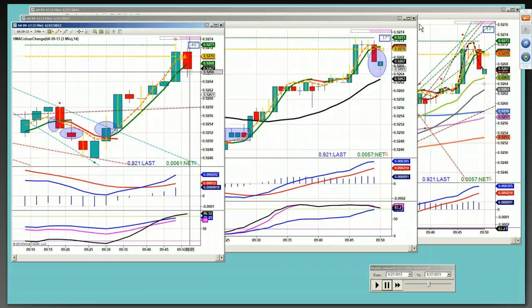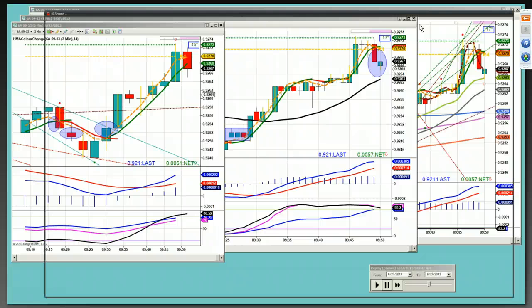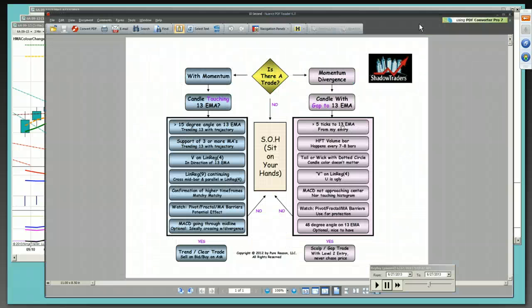The 3-minute changes color. So right now, if I'm going to trade at 950 here, I'm only going to treat it as a scalping trade, a 3-tick trade. For all your scalping trades, you have to follow this: enter when it's 5 ticks away from the 13 EMA, okay?